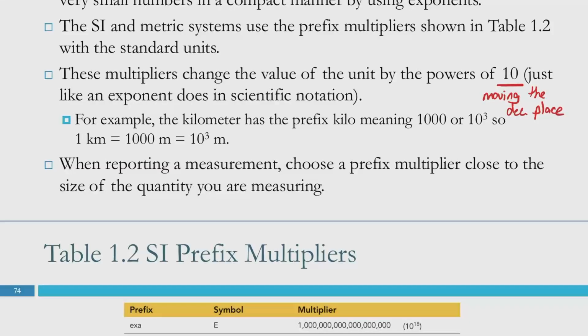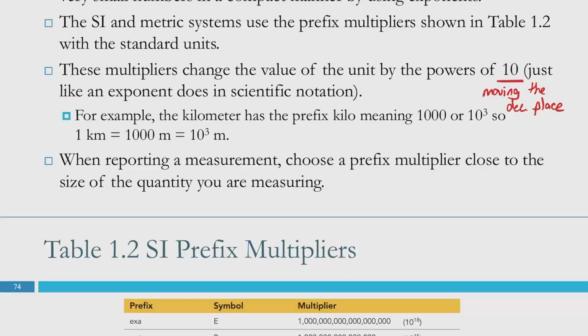And this is really nice for a bunch of reasons. One reason is that we use the same set of prefix multipliers for all of our units. Our meters use the same prefix multipliers. Grams and kilograms, same prefix multipliers. We can even use them for seconds. We can use them for pretty much anything that you would want to. And it's always going to be increments of 10 or 1,000, something like that.